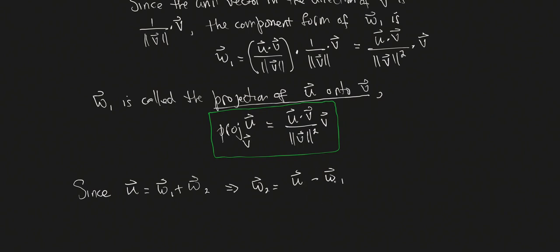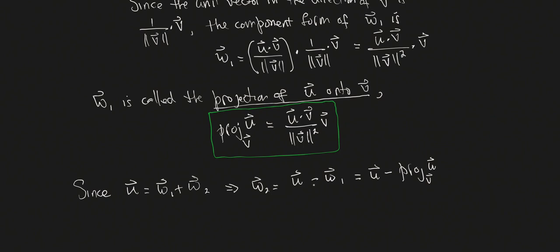So that means w2 is simply the original vector u minus the projection. So it looks like this. We don't really have another, the PROJ notation is nice for the projection. Some books have a special notation for this other component, and I'll tell you what it's called. This is the orthogonal component of the projection of u onto v.